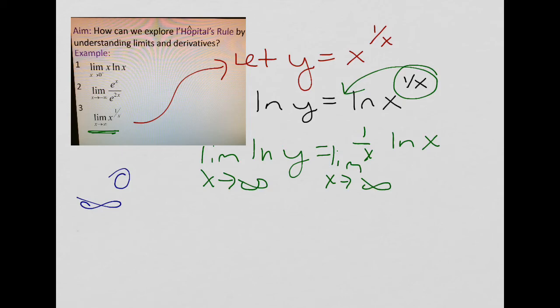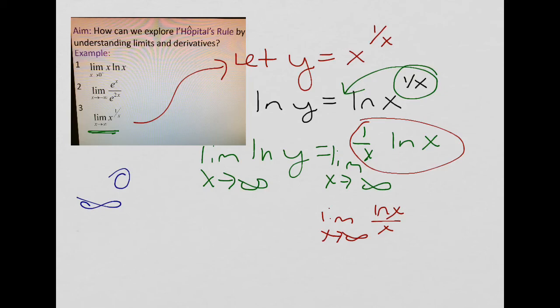On the right-hand side, this right here is the same as ln of x over x. On the left-hand side, that's still ln of y, but it's as x approaches infinity.